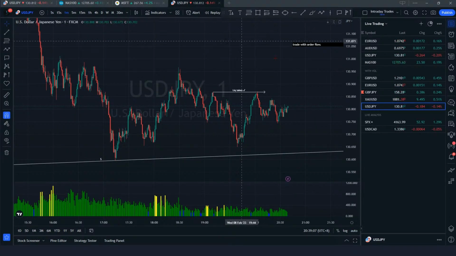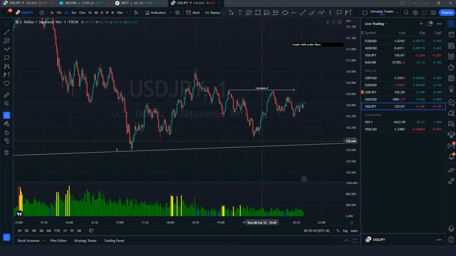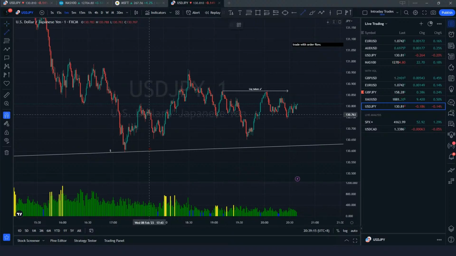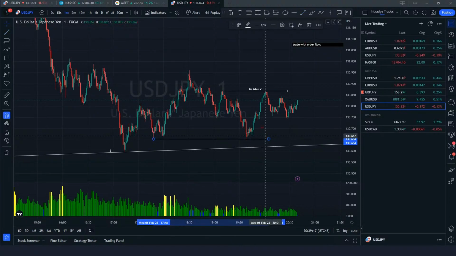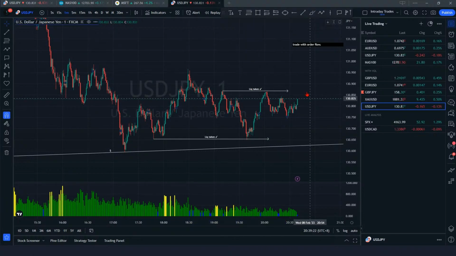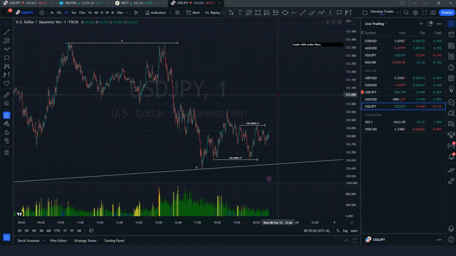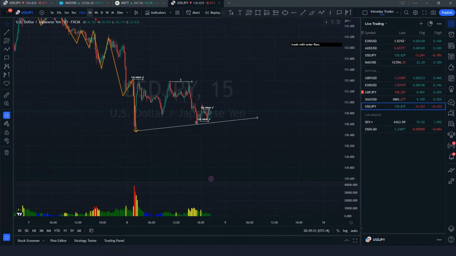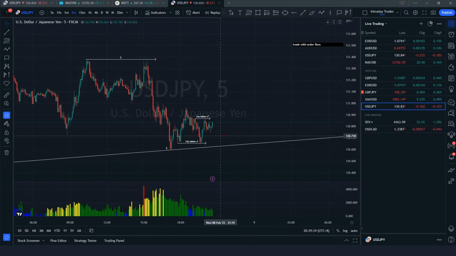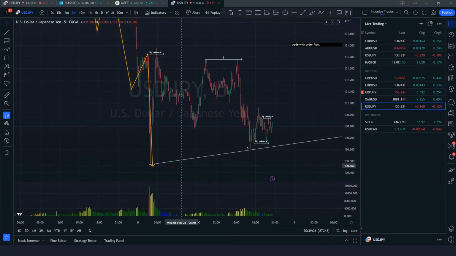Okay, sorry, JP keys. Okay, liquidity taken. So the problem with this pair right now is it is attacking all the buy side and sell side liquidity. So it's kind of consolidating. Because I'm not sure whether you understand, we have this equal lows, sell side liquidity being built on the higher time frame.